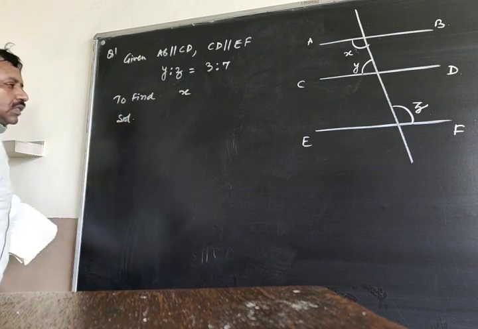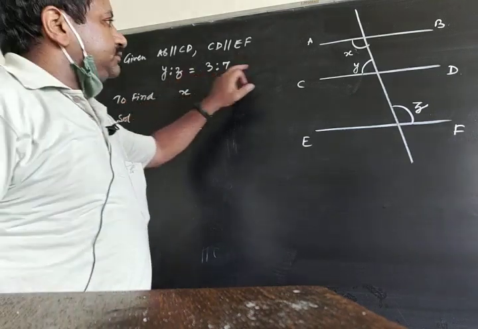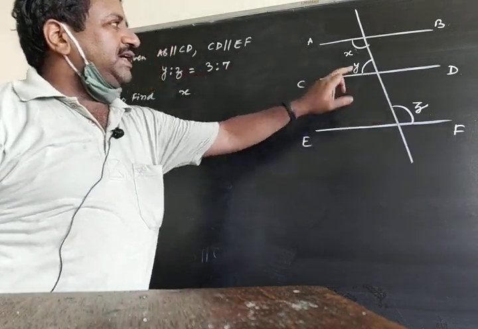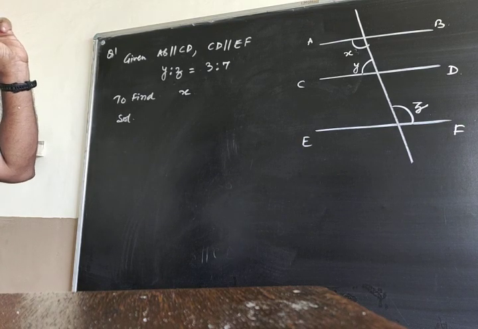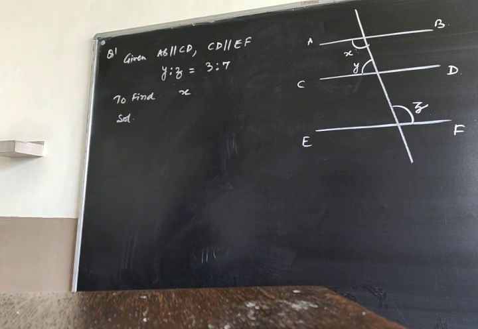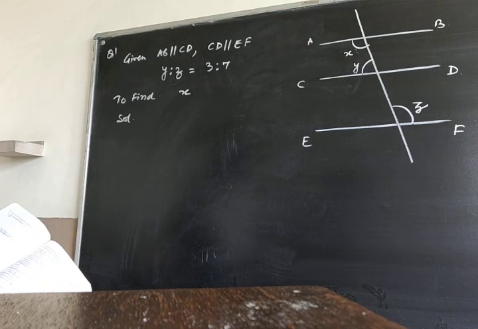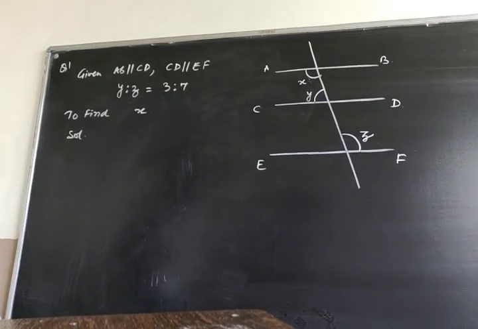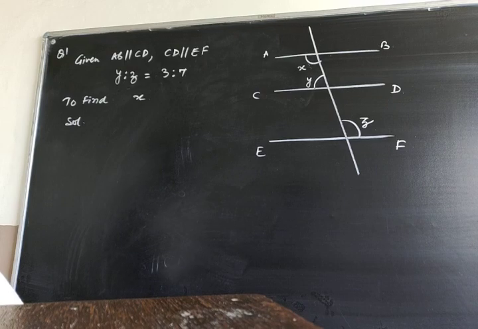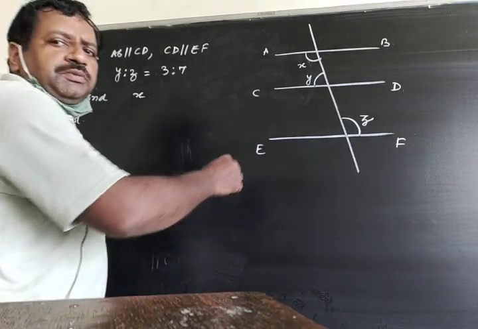Solution. You can see that the ratio of y and z is given, but y and z are neither alternate angles, nor corresponding angles, nor co-interior or co-exterior angles. So no relation is there between y and z.